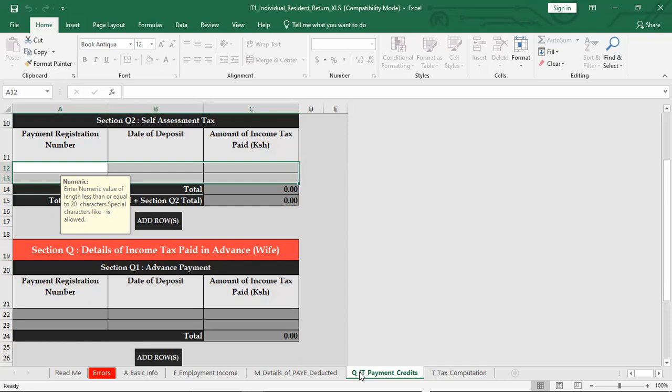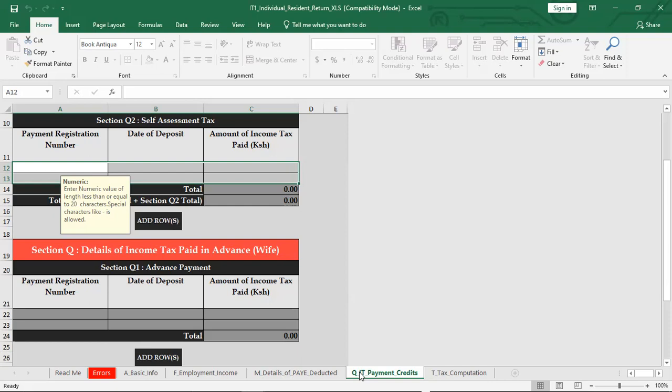When you submit to KRA that amount of money, you get a payment registration number. So this is the point where you are going to fill the amount you submitted to KRA. Once you fill here, it will reduce your taxes at the end of the day, because wewe ulishatoa tax ukawalipa. So meaning at the end of the year, you are not supposed to pay double tax. So hapo utazitoanisha, then from there, the tax that will be there, you will pay less.